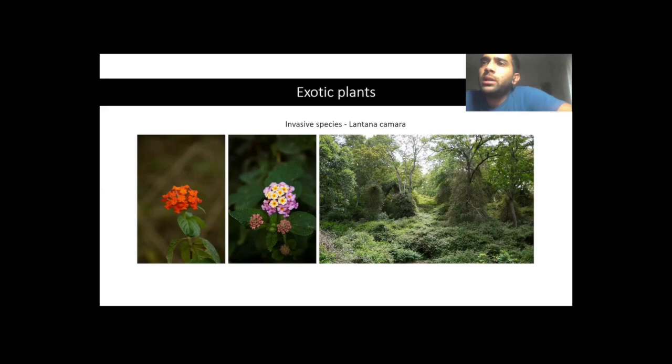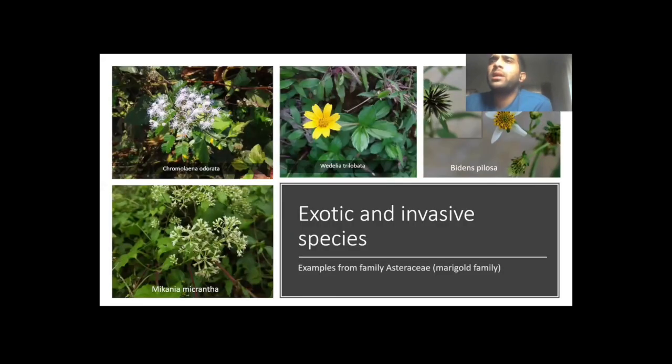So here you can see the lantana has covered this whole forest floor, and it's even climbing on top of these trees. So it's really destroyed this forest, and it can be quite a problem. This is only one invasive plant. There are many more. In fact, if you look at the marigold family, there are many plants within this family. Don't worry about all these names.